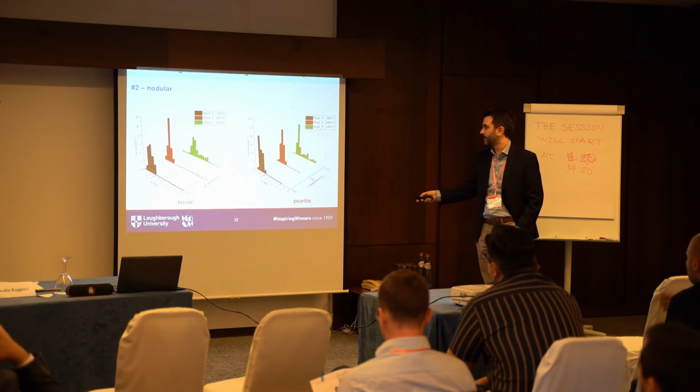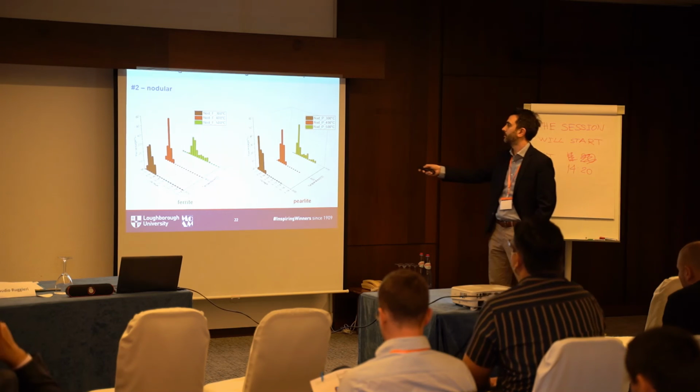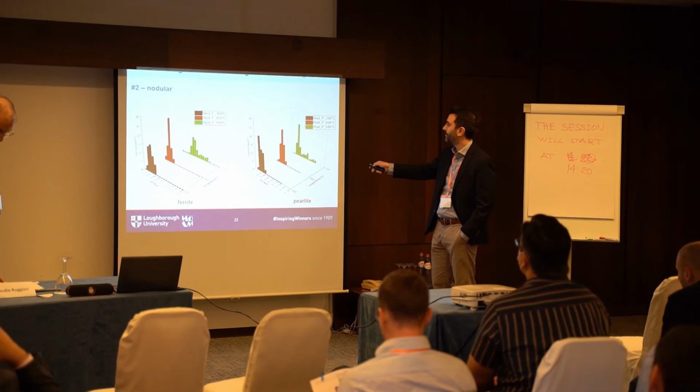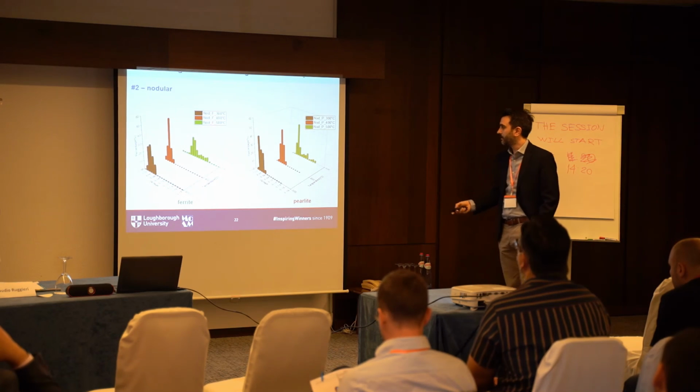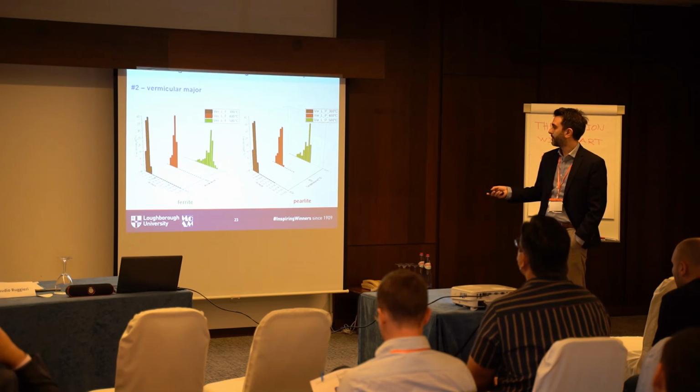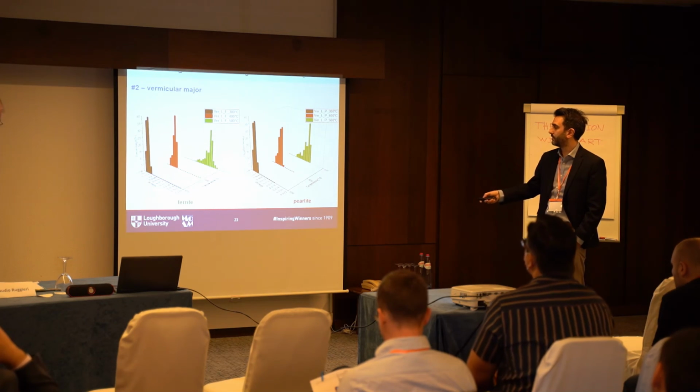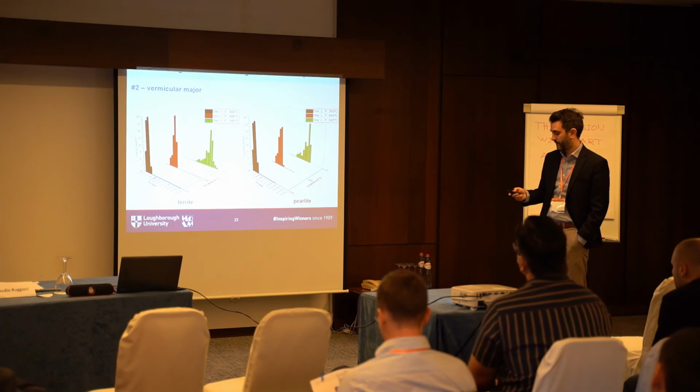Sorry, we compare the peak. I mixed it up. So the peak is around here, for the perlite this moves over to the right. And the same happens in the vermicular. So you see much higher damage here in the ferrite rather than the perlite.